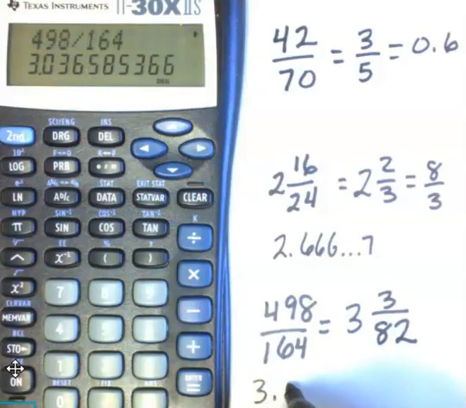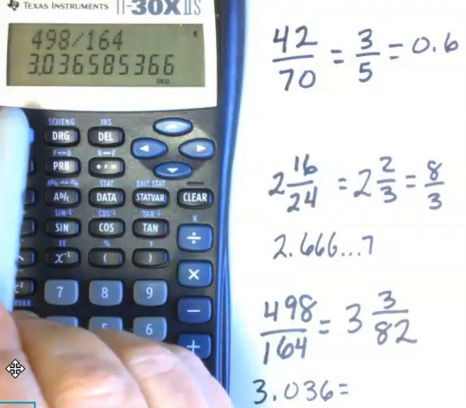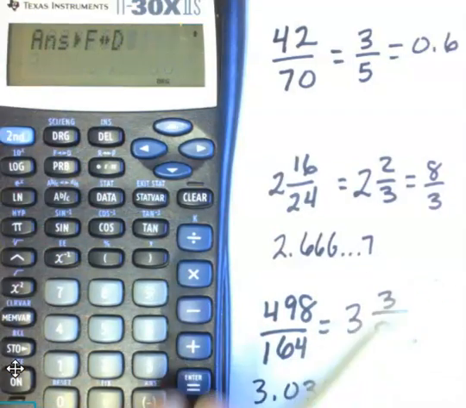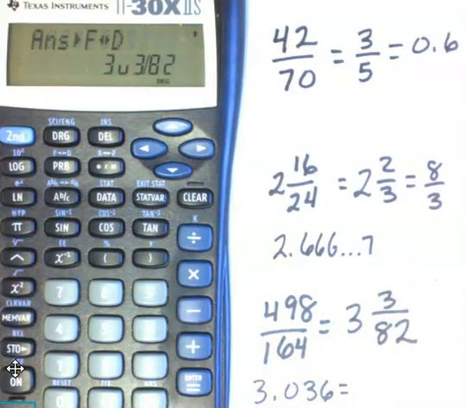And so long as I don't mess it up too much, I can take this and I can use the second function, fraction to decimal button, and it will change it back into that fraction for me. So even if you put it in as a division instead of as a fraction, using that fraction to decimal button, you can get it back into simplified fraction form.